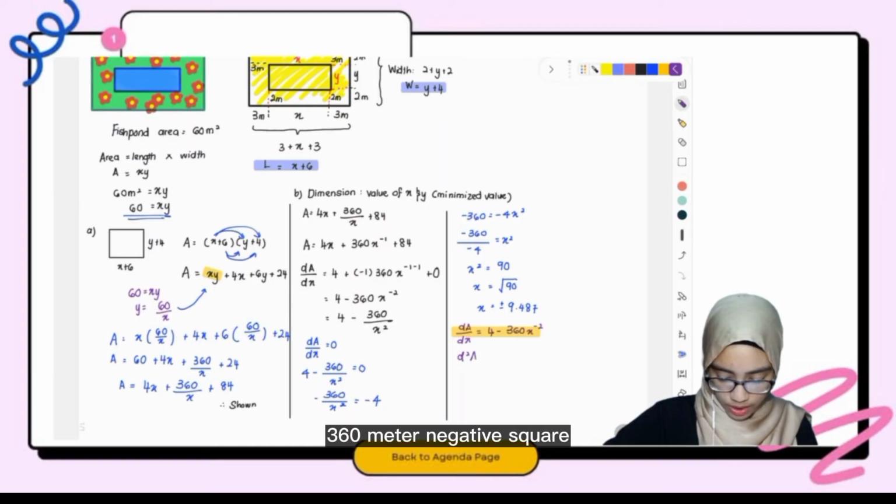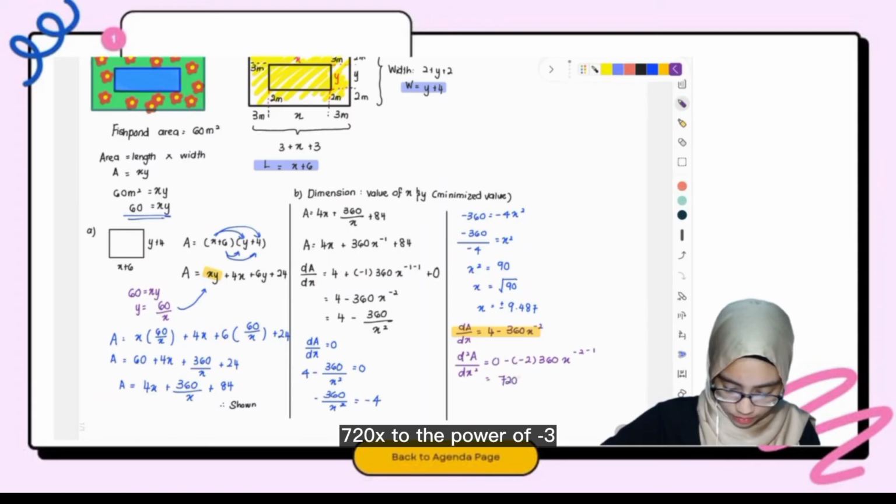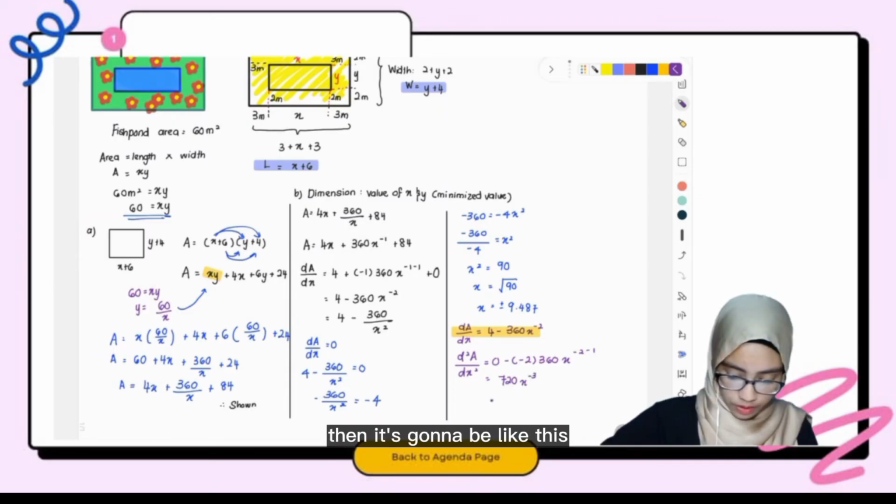So d squared A over dx squared equals 0 minus -2 multiplied by 360x to the power of -3, which is 720 over x to the power of 3.